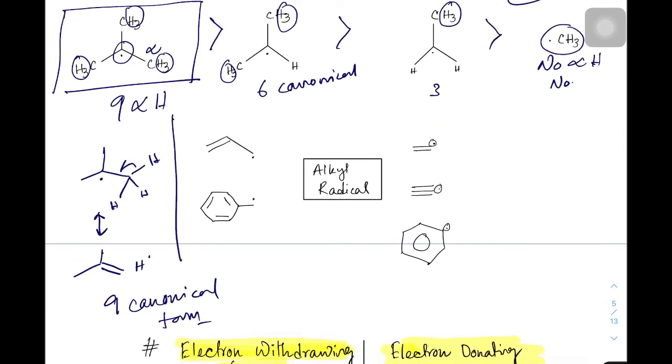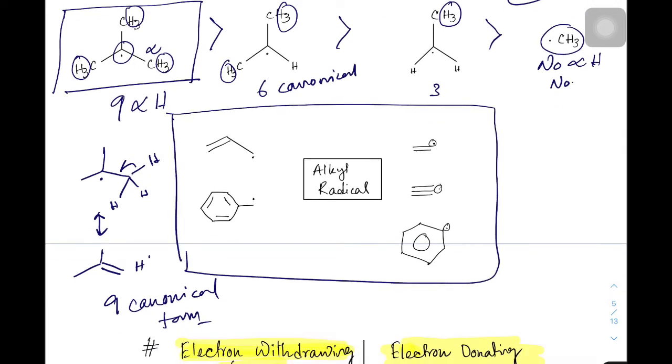Now in this case, this radical takes part in resonance with this double bond and forms equivalent canonical structures. Therefore this type of radical is also very stable. These also take part in resonance with the rest of the ring.